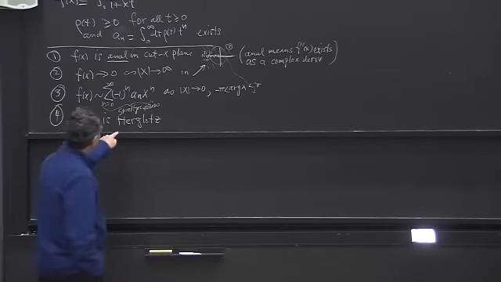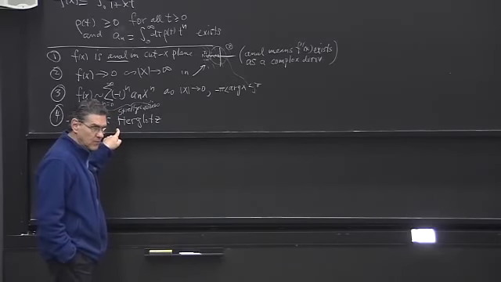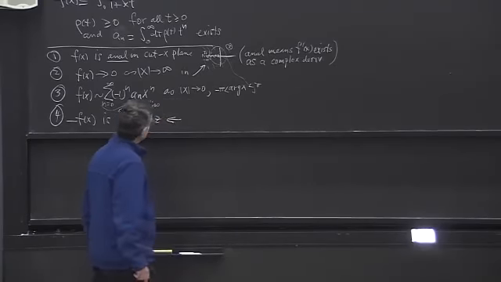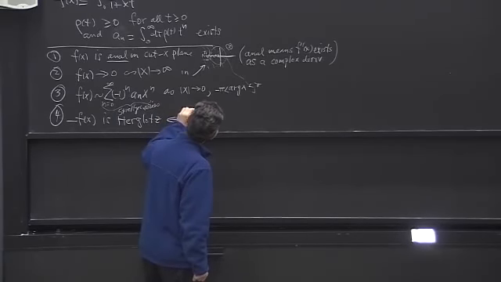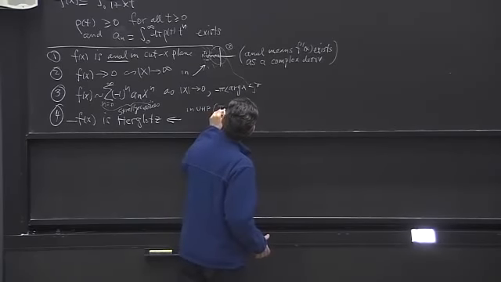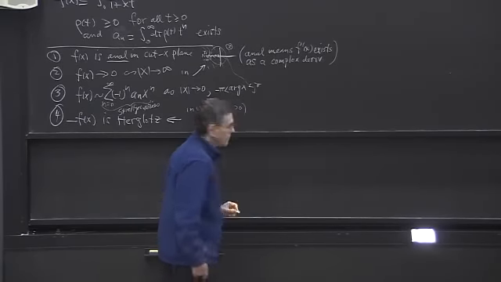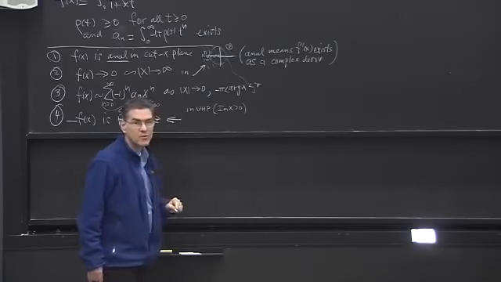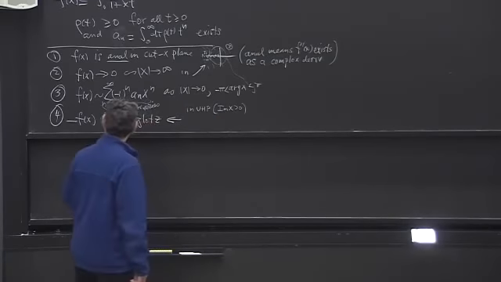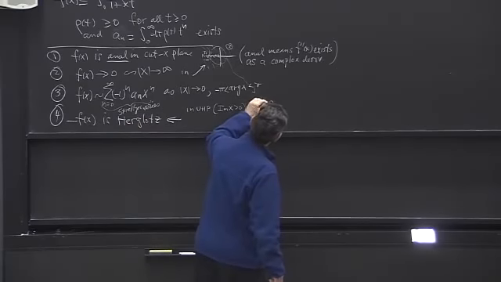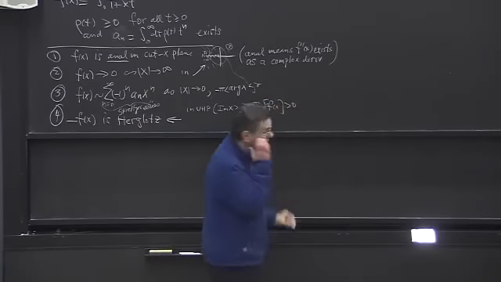Let me remind you what Herglotz means, to be very precise. Herglotz means that in the upper half plane, where the imaginary part of x is positive, the imaginary part of f of x, in this case minus f of x, is also positive.